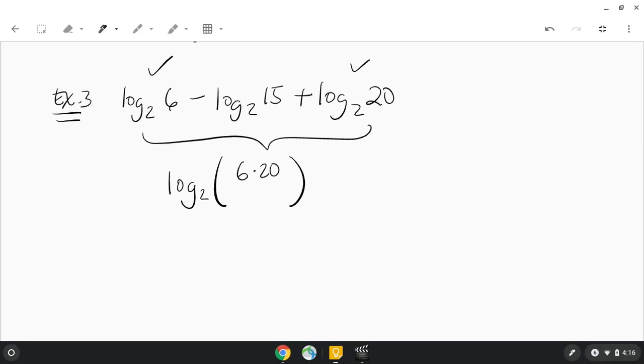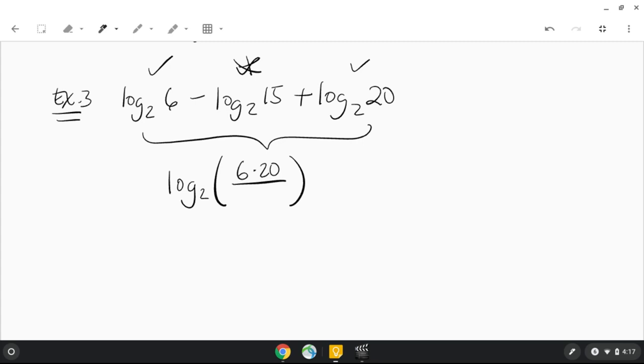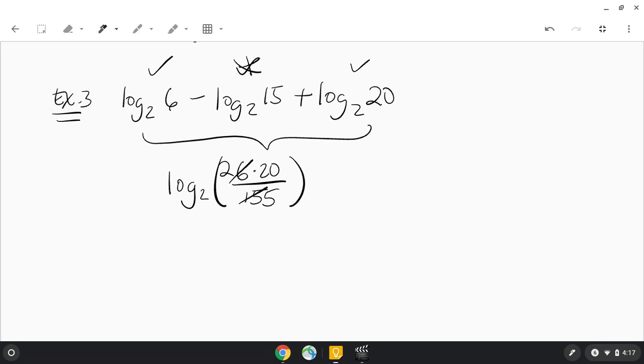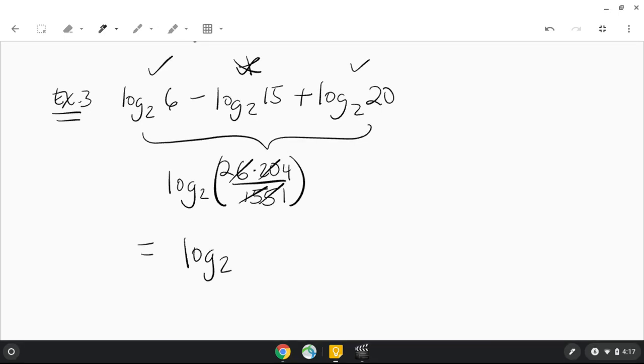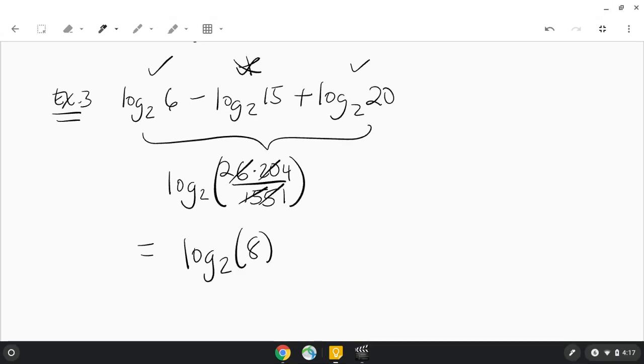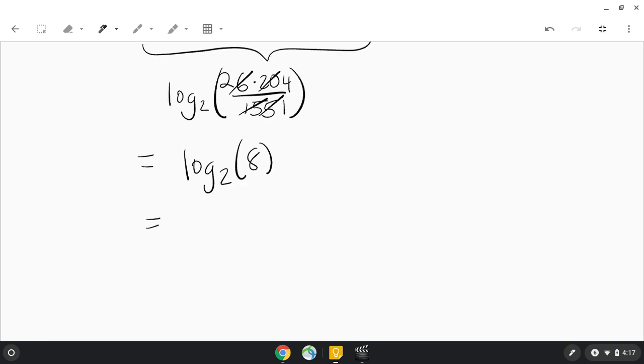But this one over here is negative, or subtraction, so that one will go down below, division. Then you can cancel this any way you like. We see that 6 and 15 have 3 in common, and 5 and 20 have 5 in common. So then this becomes log base 2 of 8. And that's easy to do because 2 to what power is 8? That would be 3.